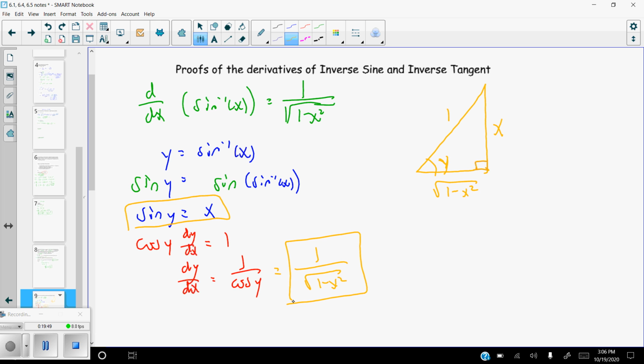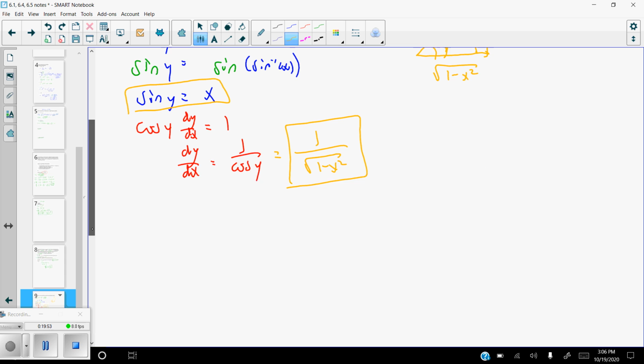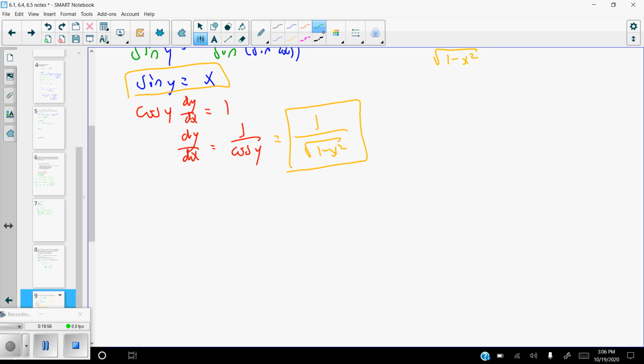Okay, tangent is actually just a little bit easier to do. It does involve knowing your properties, but it's a little bit easier. So if I want to take the derivative of the inverse tangent of x, again, we'll start off with the idea that y equals inverse tangent of x.